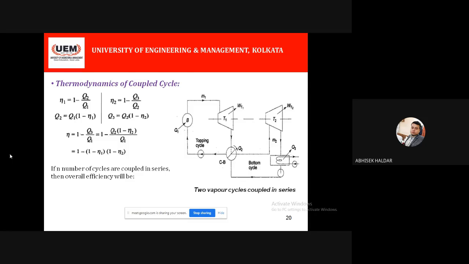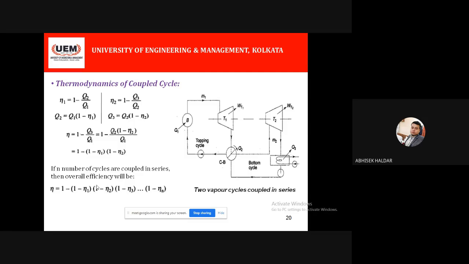What will be the efficiency of the combined cycle? The equation is this one: eta equals 1 minus of (1 minus eta 1) into (1 minus eta 2). Now if n number of cycles are coupled in series, what will be the efficiency of the combined cycle? It will go like this: 1 minus of (1 minus eta 1) into (1 minus eta 2) into (1 minus eta 3) and so on, up to (1 minus eta n).